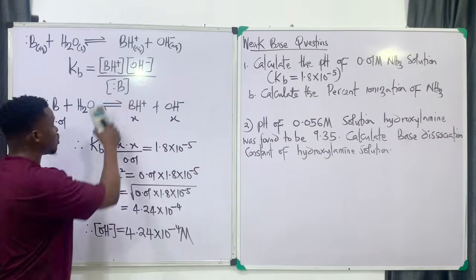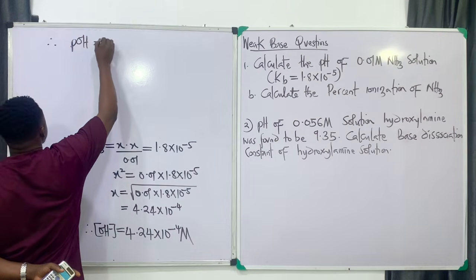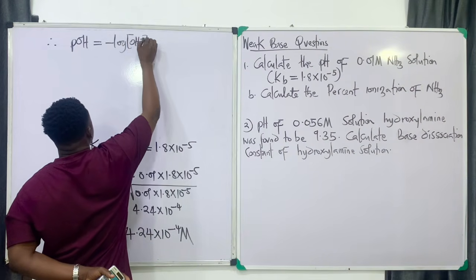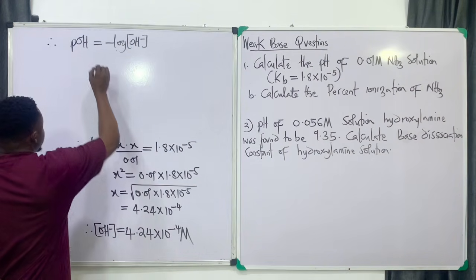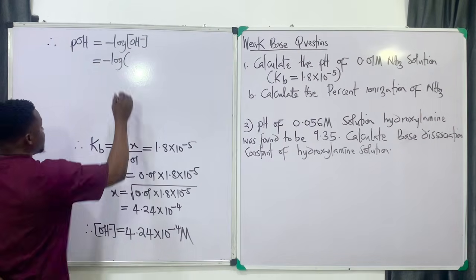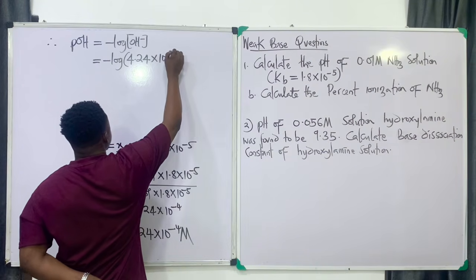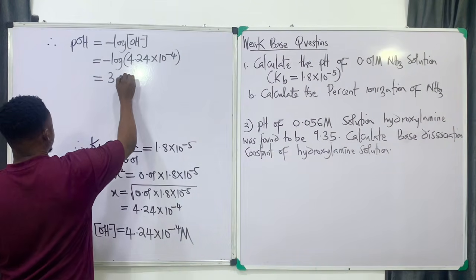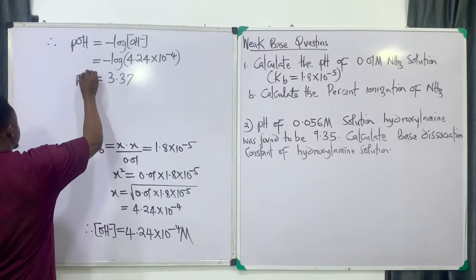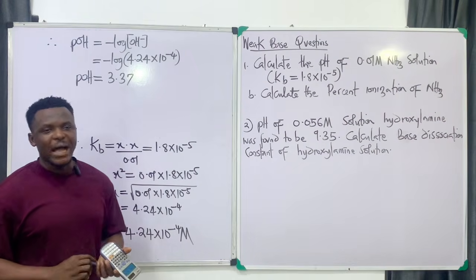So I'll be cleaning this to solve for the pOH. So now say pOH is equal to negative log of OH minus. So this is equal to negative log of, what is the value of OH minus? Now this is the value of pOH, but remember, we were not asked for pOH, we were asked for pH.